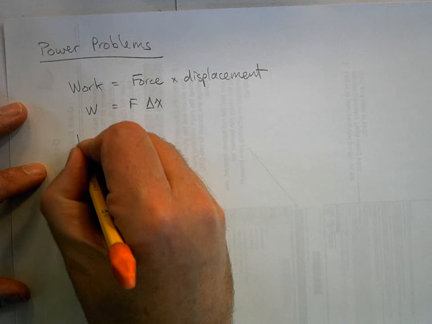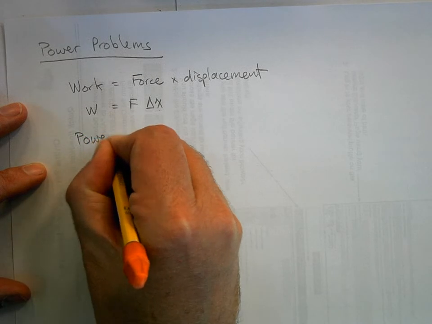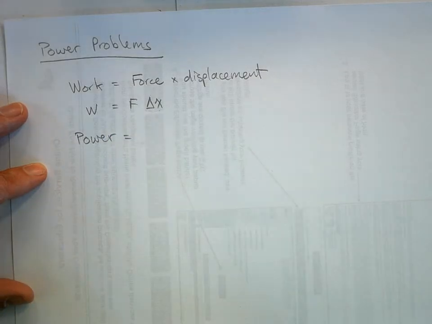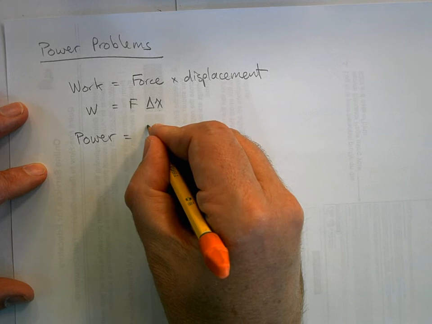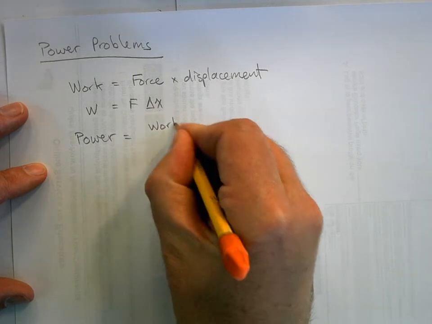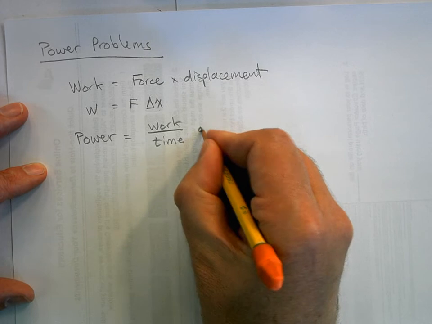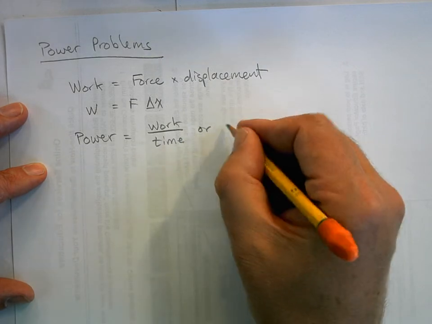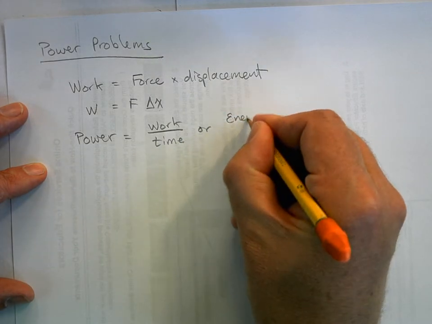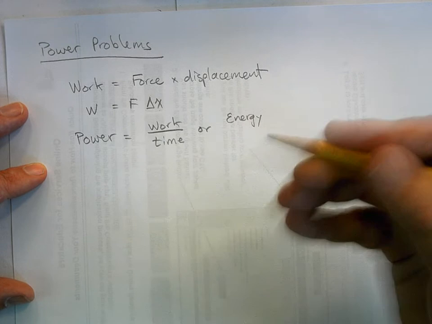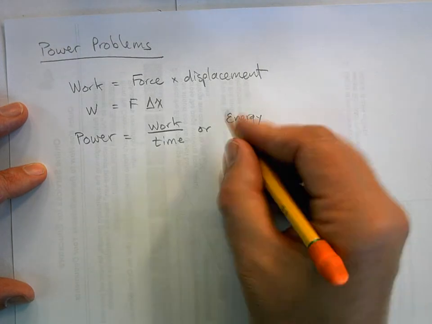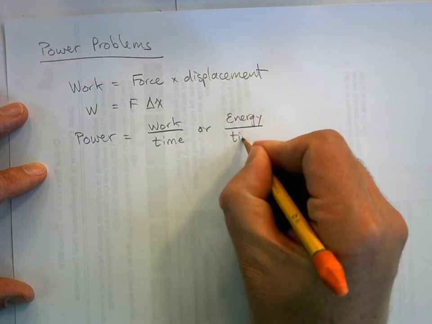Then we defined power. And power, we said, was the work done over time. Or you can also think of power as the energy that gets used up divided by time.